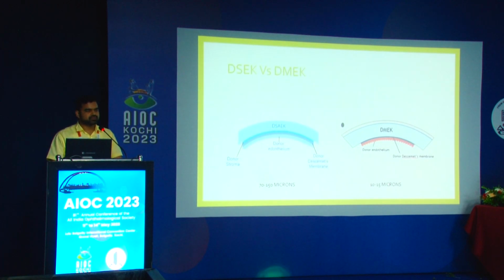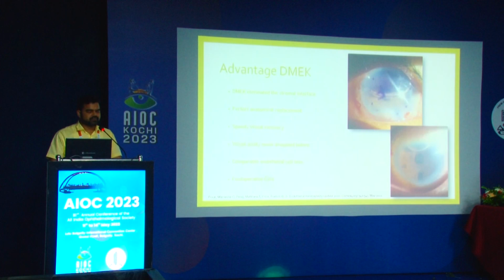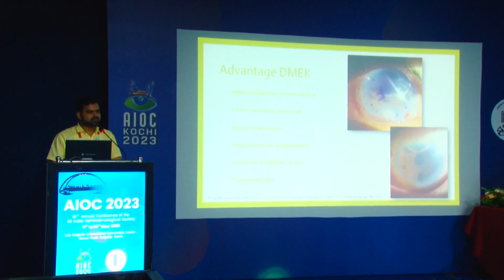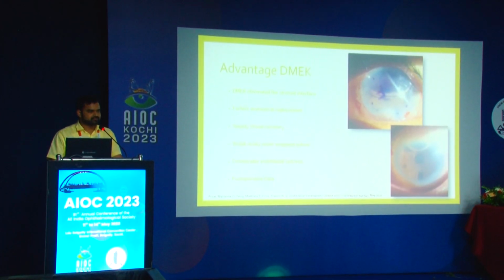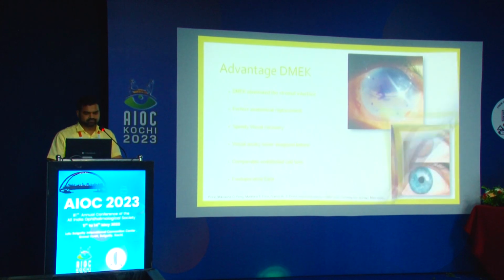So because we don't have the donor stroma involved in the DMEK tissues, it offers a perfect anatomical replacement of the diseased stroma, diseased endothelium, and offers our patients a much speedier and better visual recovery with a comparable endothelial cell loss. Even the post-operative steroid dependence is pretty less. We can wean off the steroids pretty early and shift to soft steroids in DMEK patients.